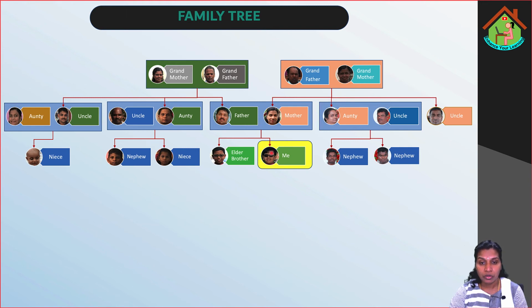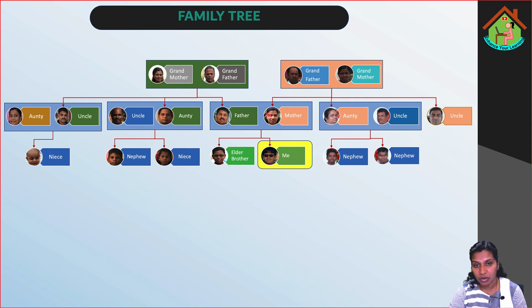This is your brother, this is you, so the person who is near you is your elder brother, and these will be your father and mother. Now you just look at the right side.